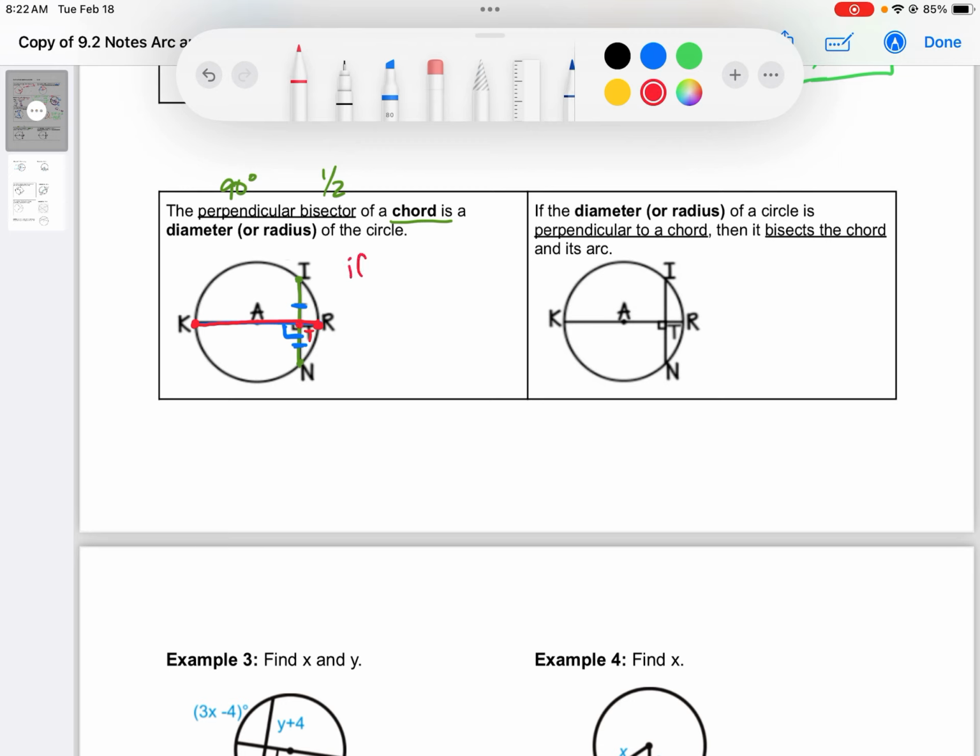So if I to T is congruent to T to N, that's the bisector part. And if IN is perpendicular to KR, don't forget this is the sign for perpendicular, if those two things are true, then KR is a diameter.